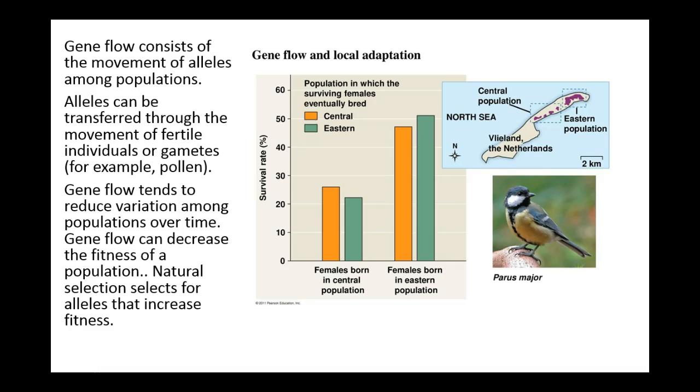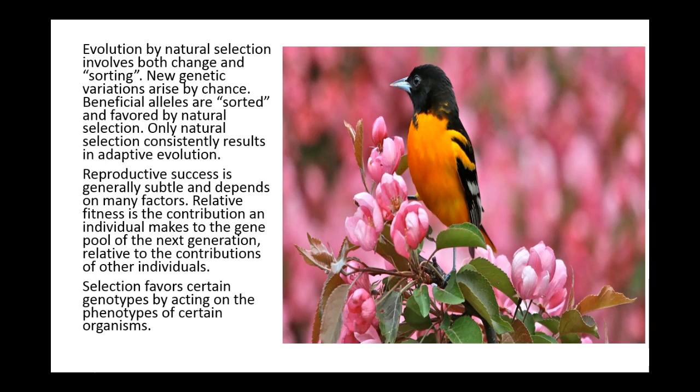Then natural selection needs to come back in and select for alleles that increase fitness, if possible. If not, and that gene flow is reducing the fitness to the environment, and the environment keeps becoming more inhospitable, that population will die out.